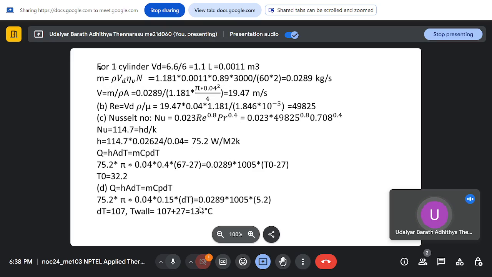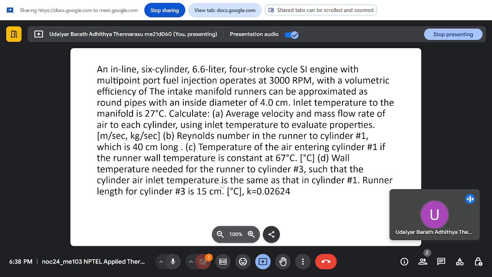So dt is equal to 0.089 into 1005, and here it's given the wall temperature needed for the runner to cylinder 3 such that the cylinder air temperature is the same as that in cylinder 1.